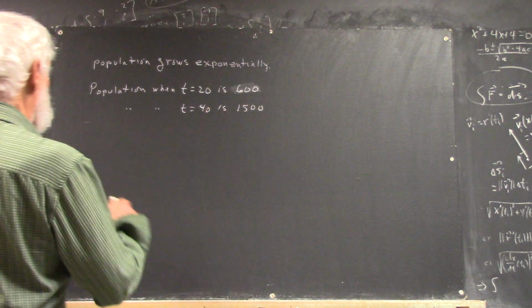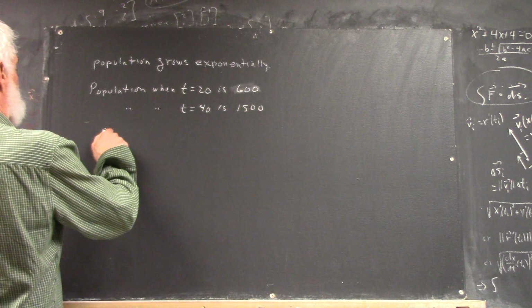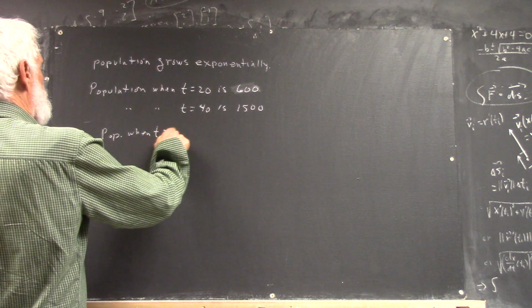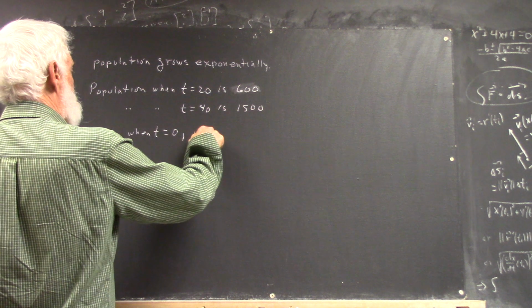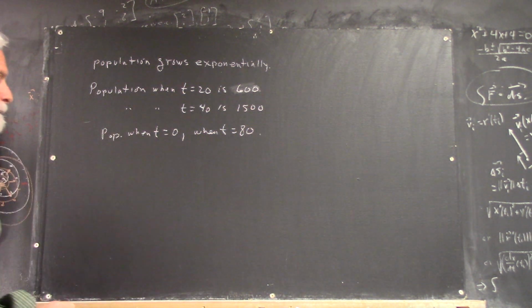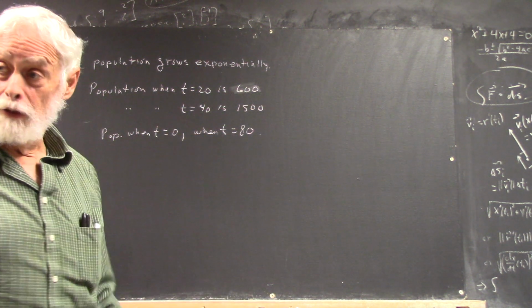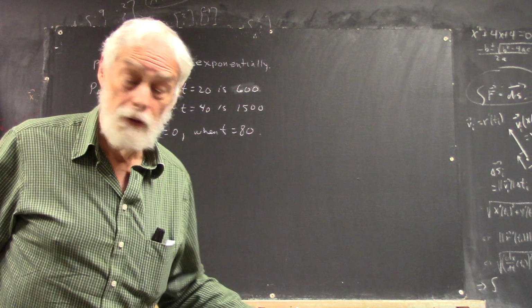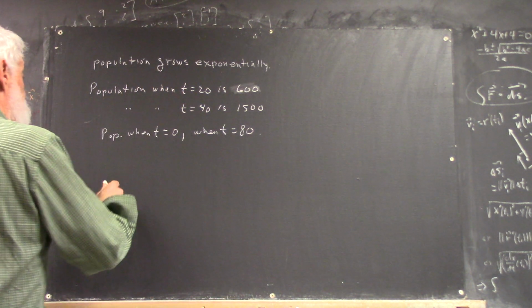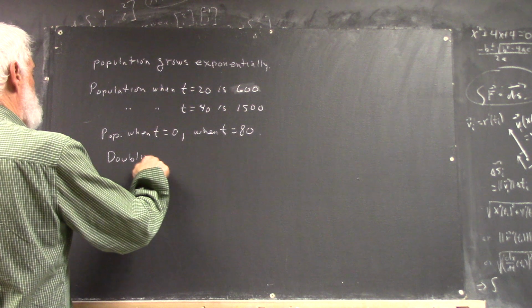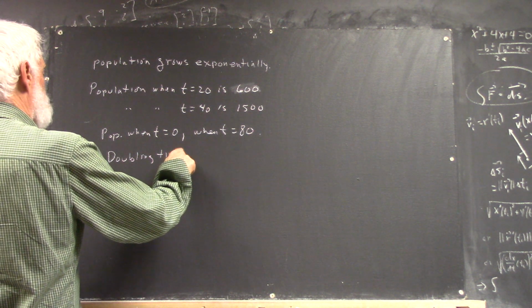Okay. So the questions are. Okay? You can reason those out if you know a little bit more about the properties of exponential functions. But the question is, what's the doubling time?